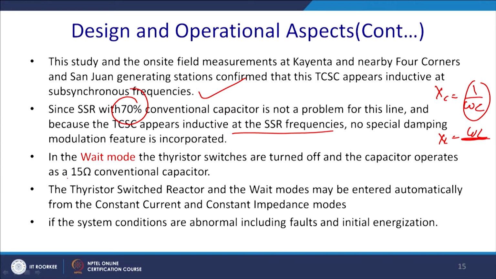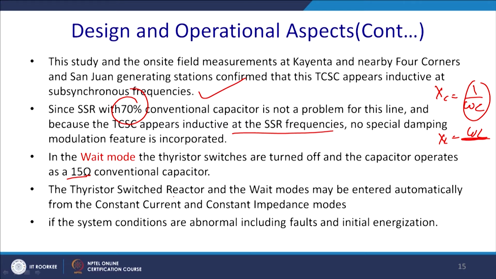The wait mode of the thyristors is between changes of the configuration. Once you try to change from one configuration to another, it will take some time because there are transient phenomena involved. We have seen that the TCSC is required to be switched on with minimum transient, and the capacitor operates at 15 ohm conventional capacitor mode, and that will ensure a transient-free changeover.